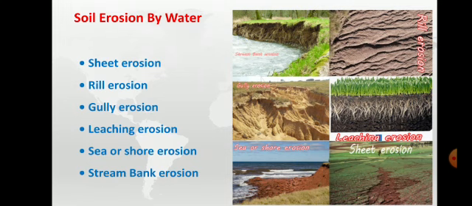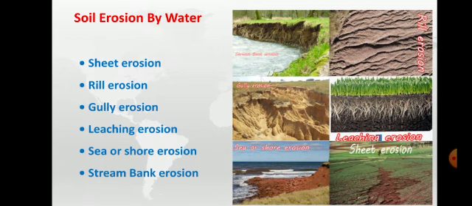Next we'll see gully erosion. During heavy downpour, deep gullies are made on bare soils on account of water runoff. Gully erosion removes nutrients and heavy loads of loose soil, making the soil unproductive.